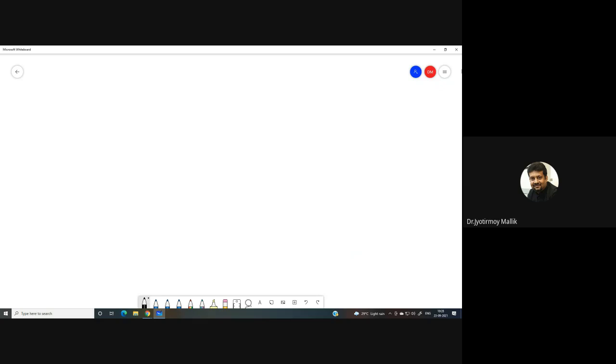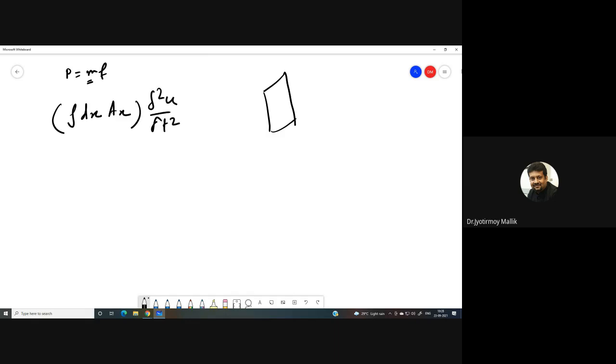We also know that F is equal to m a, where m is the mass of the material and a is the acceleration. For the element that we have just drawn, we can write the mass as rho dx Ax, and the acceleration is delta square u by delta t square, u being the displacement.